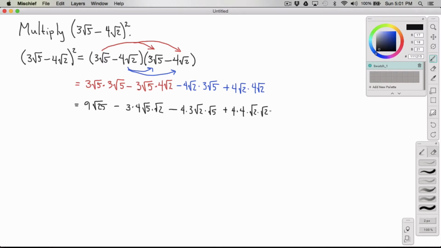Now, I want to take a moment and just explain what I did again. When I reordered these, what was important is that it's the same idea as if I had the numbers 2 times 3 times 4 times 5.